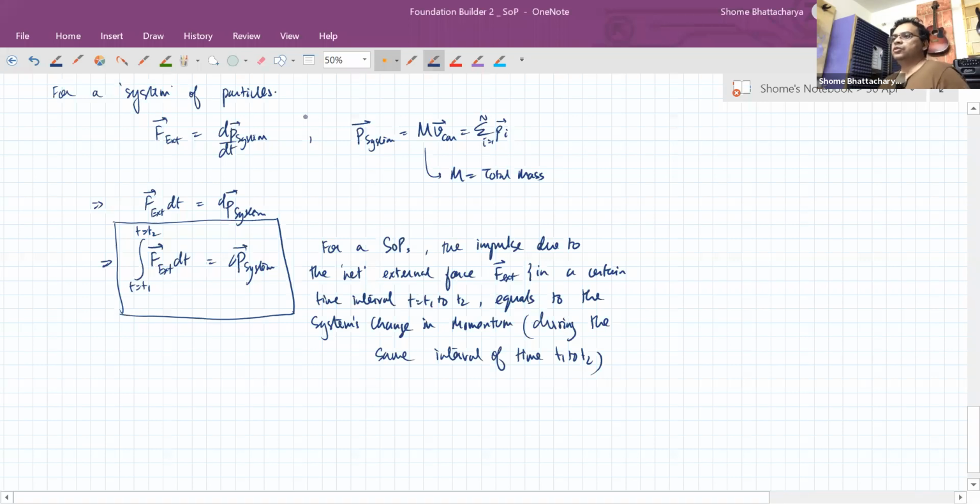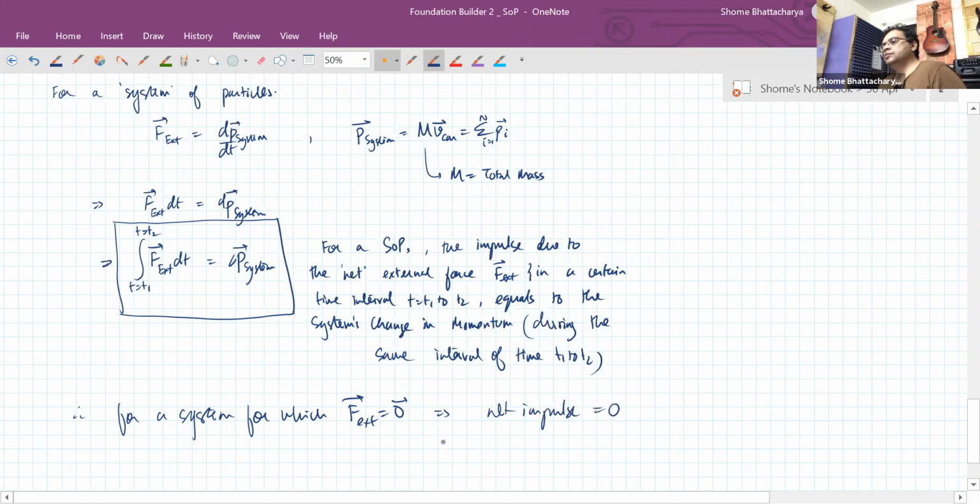So once again, if we focus on that part, what happens for a system for which the net external force is 0? That means the impulse equals 0.